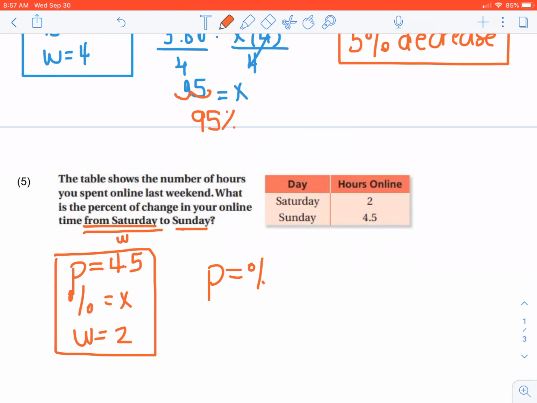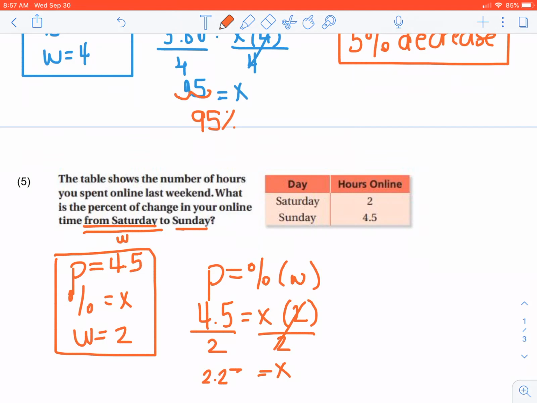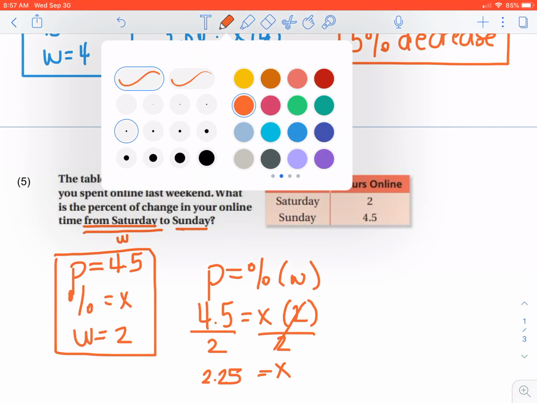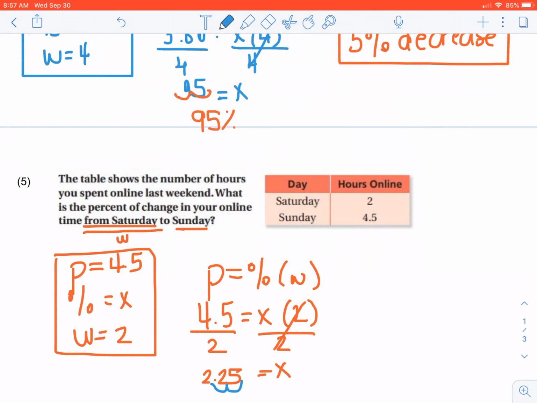All right, so part equals percent times whole. So 4.5 equals x times 2. We're going to divide both sides by 2. So let me take that calculator. 4.5 divided by 2. And you get 2.25. So I'm going to move that decimal place over twice.